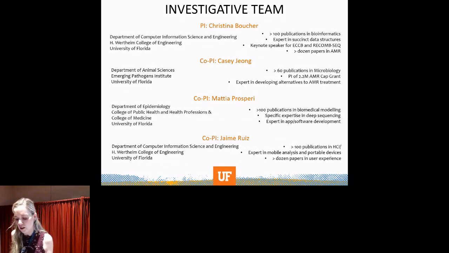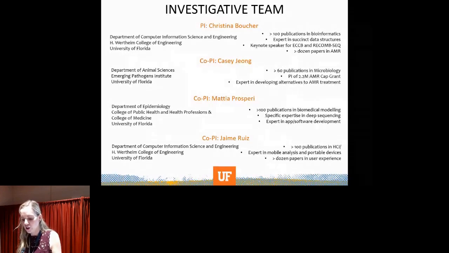In order to do that, we had to have a very collaborative investigative team. I currently lead the project, but I work very closely with Casey Zheng, who is a biologist, a microbiologist who specializes in antimicrobial resistance. Then Matteo Prosperi, who I mentioned previously, is in the Department of Epidemiology and focuses on applying machine learning to epidemiological questions and problems.